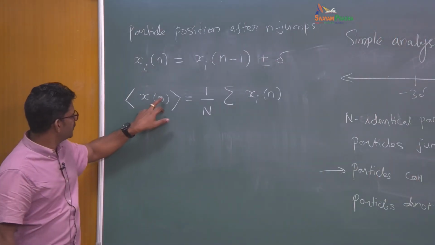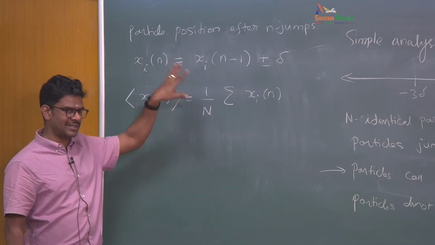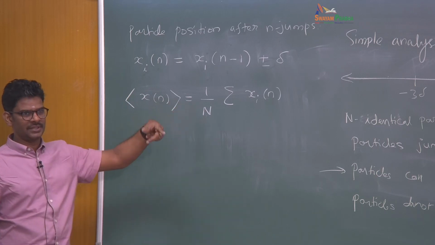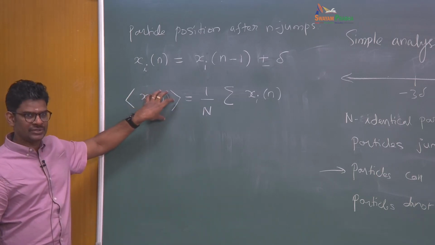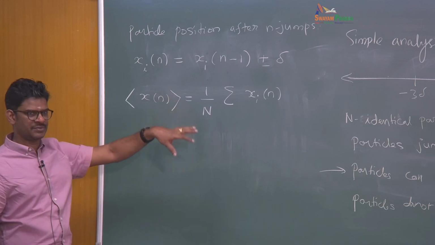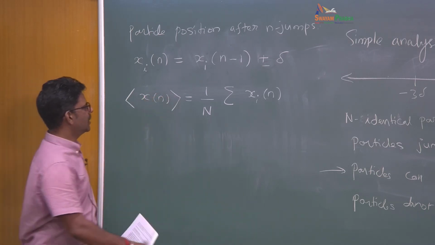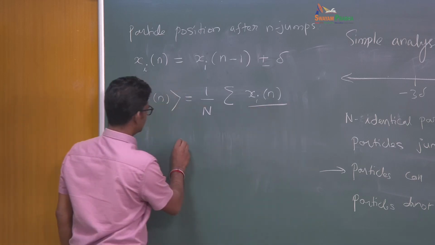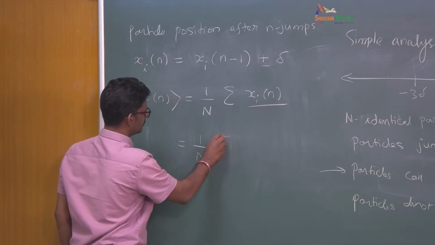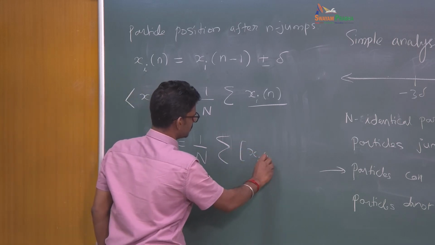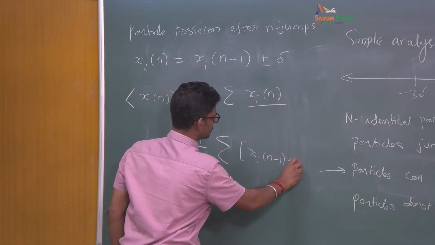Please don't confuse between this N and this n. This capital N means the total number of particles, this small n is the number of jumps it has made. It's more like a time here. I will replace this n with time subsequently. Just imagine this like a time variable. Now I have already given a recursive relation for this, so I can write xi n minus 1 plus or minus delta.